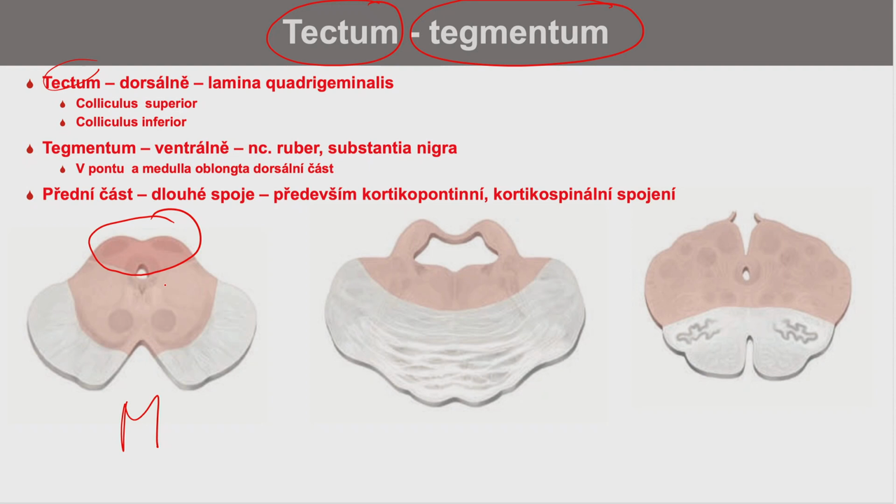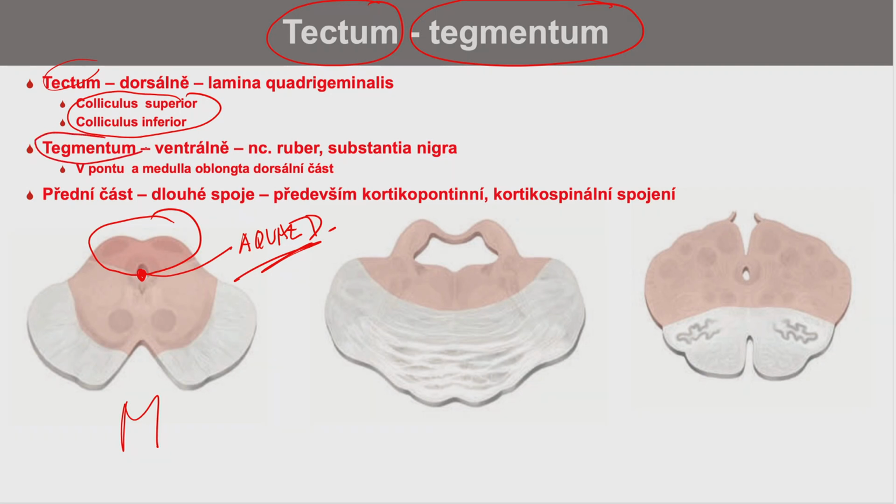And the line in the mesencephalon is crossing this structure, which is the aqueductus. We will have a lecture about the liquor spaces. It's a part of the inner tract of the cerebrospinal fluid. In the tectal region, we have the colliculus superior and inferior, or two pairs of them.